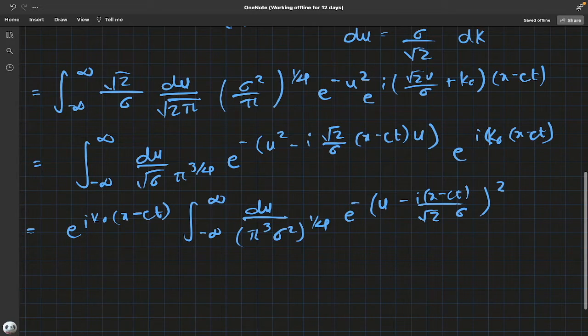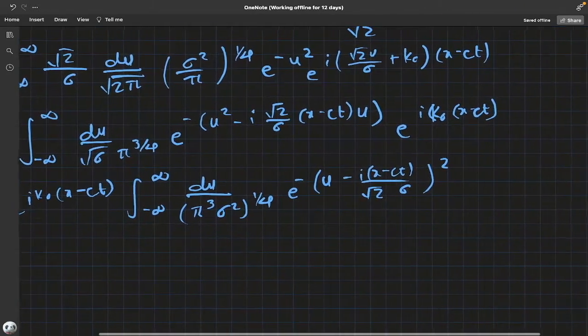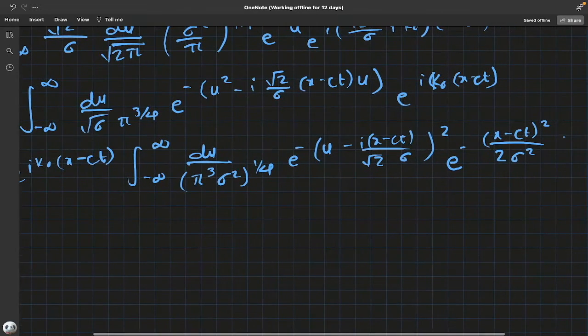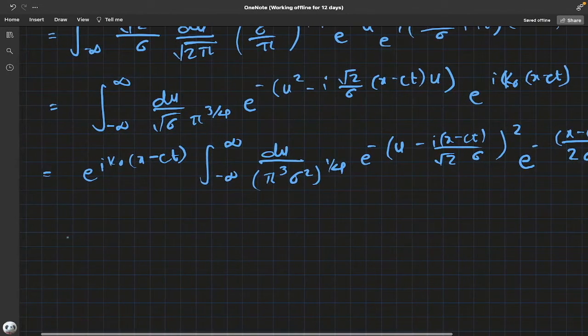But if you do this square, you are going to have this term generated by this last factor, which is going to be positive because i squared is negative with a negative is positive. So we'll have to tag along a negative to cancel out that term. So the square of that term, square over 2 sigma squared. Again, this does not depend on u, so it can be taken out. So e to the i k naught (x minus c).